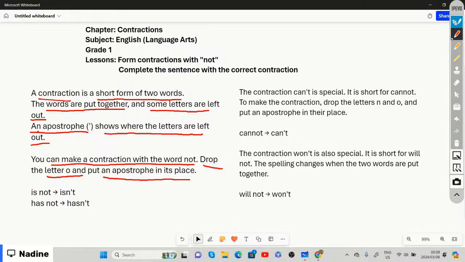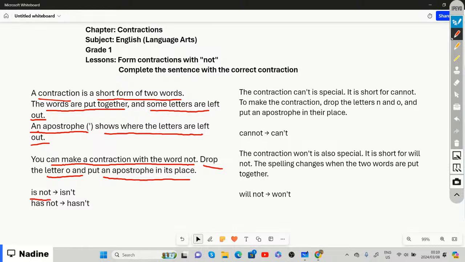So we make contractions with the word not. And then what we do is we drop the letter O and put an apostrophe in its place. For example, is not.